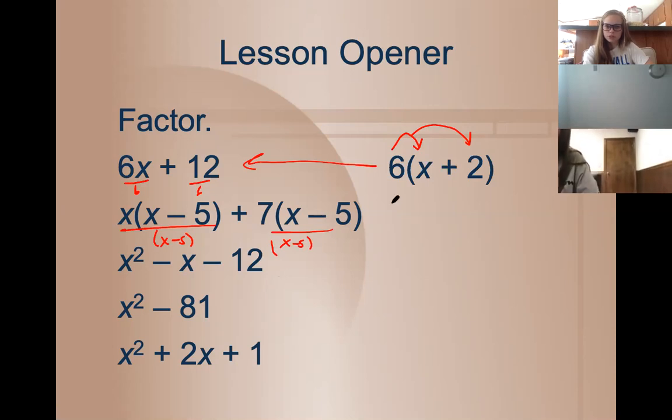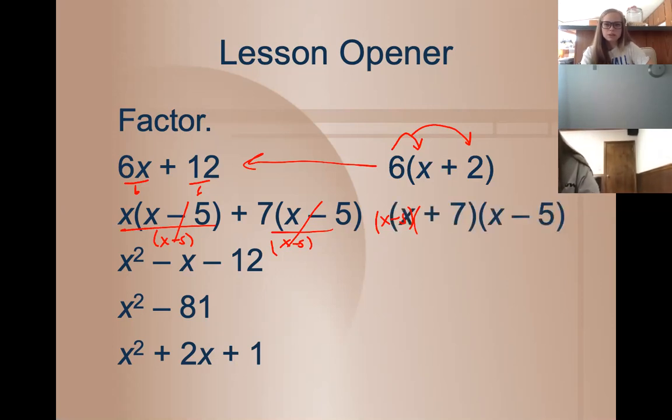Can y'all see the PowerPoint? Yeah. Okay. So all we did was we factored out an x minus 5. So if I pull out an x minus 5 here and I pull out an x minus 5 here, what am I left with? There you go. So x plus 7, x minus 5, there we go.